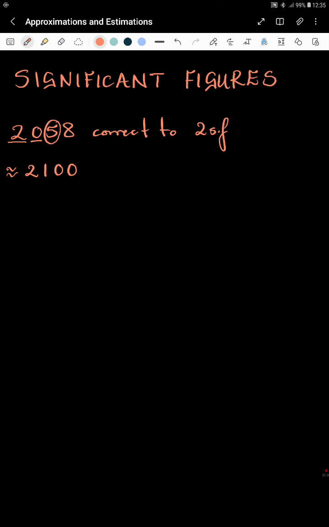Okay, so let's say we have 2000, right? And we have 2100. So in the middle you're going to have like 2050, right?